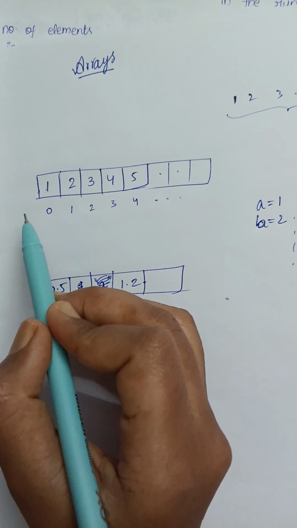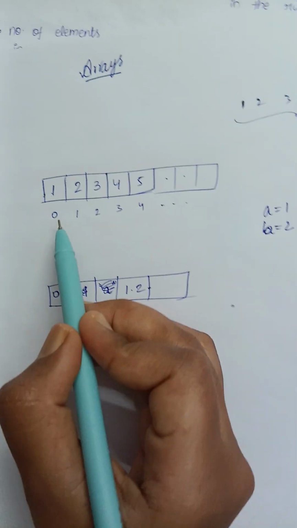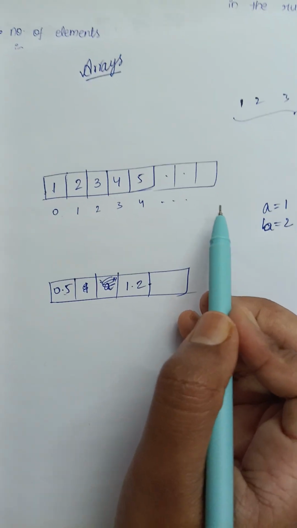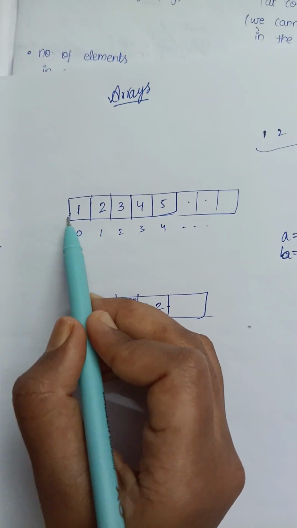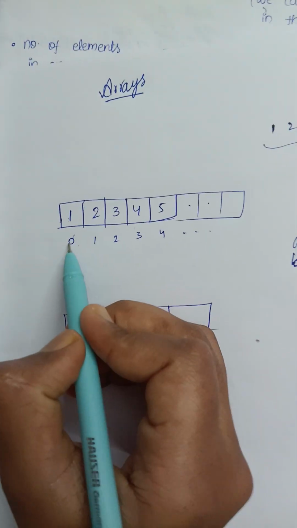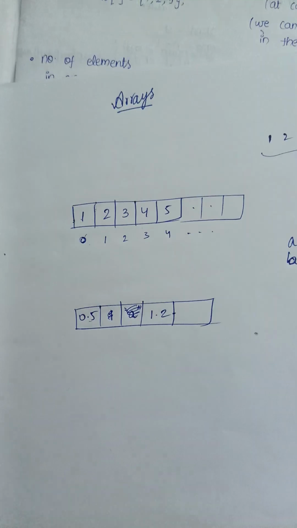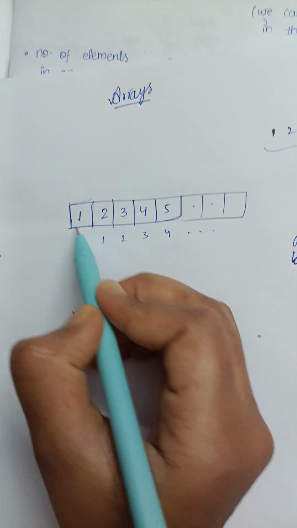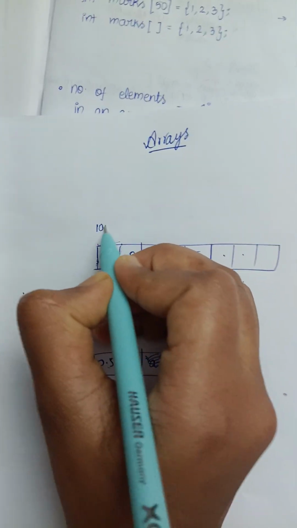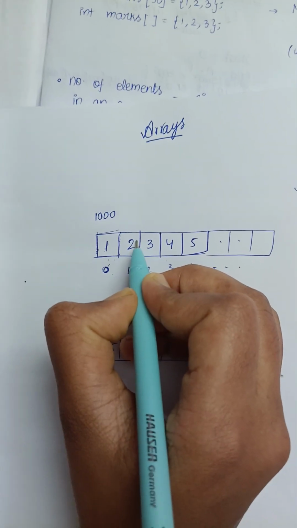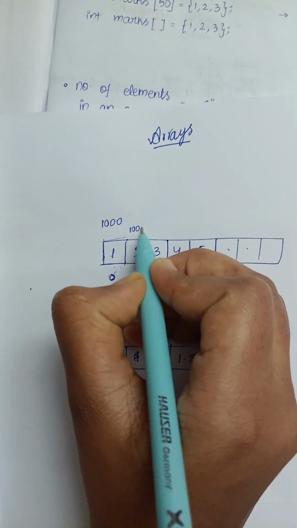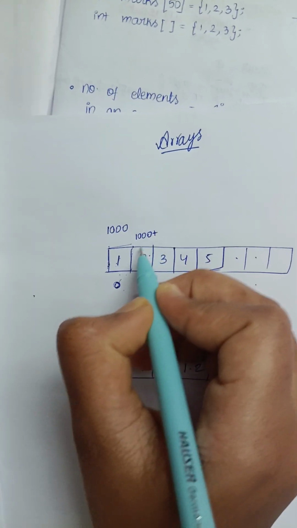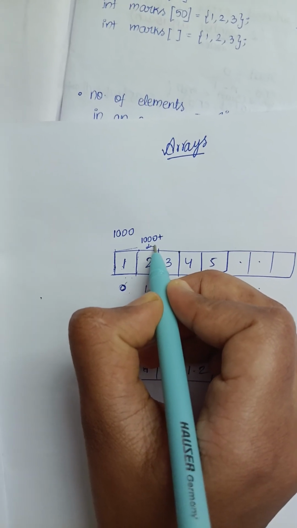An array is a collection of elements of similar data type in a contiguous memory location. All of them are stored in a contiguous memory location. For example, this index is 0. Suppose the address of this particular element is 1000, then the next address will be 1000 plus the size of the data type.